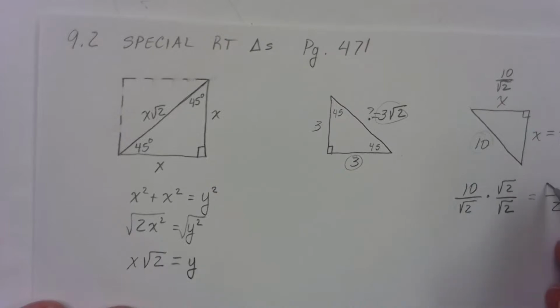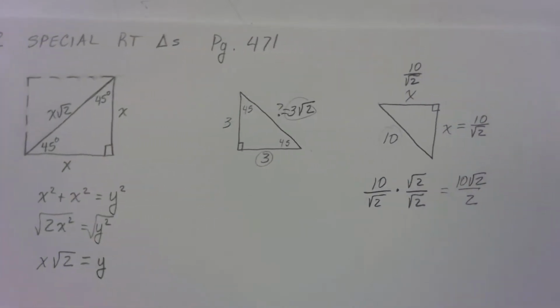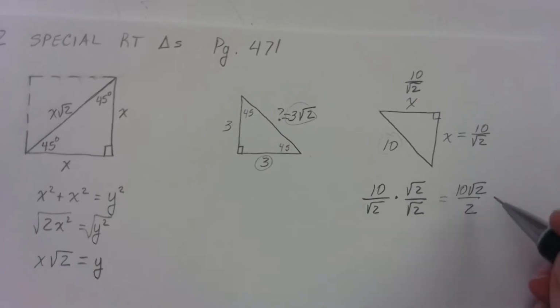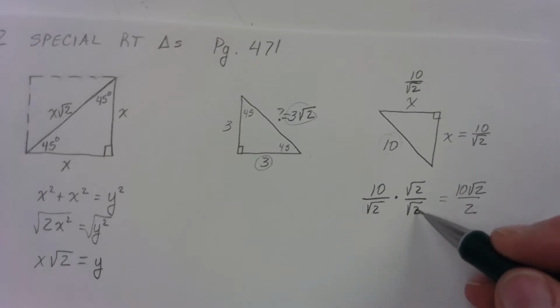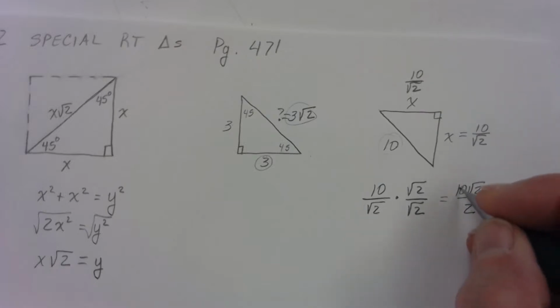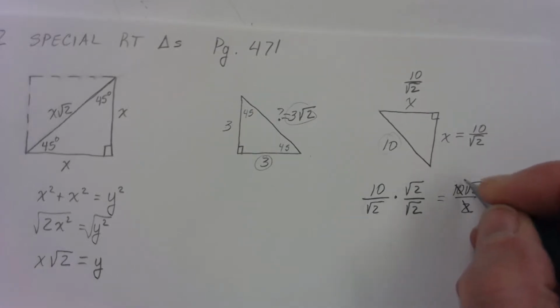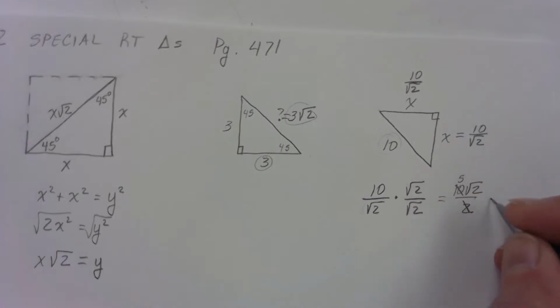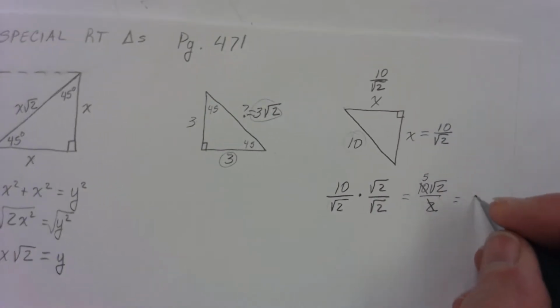On the top, I have 10 root 2. Ten times root 2, they don't multiply, so it's just 10 root 2. On the bottom, I have root 2 times root 2, which is 2, and the radical's gone. Hallelujah. But I still have one more thing to do, and that's reduce this fraction, because 10 and 2 have a common factor, which is 2. So the answer is 5 root 2.